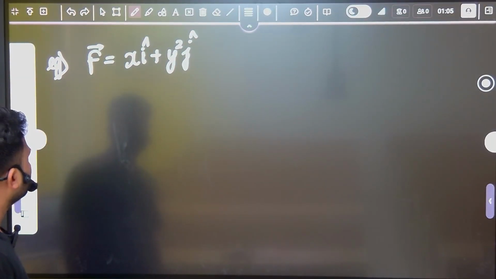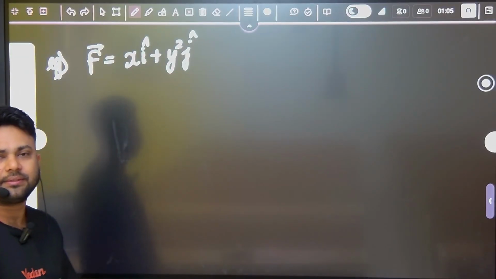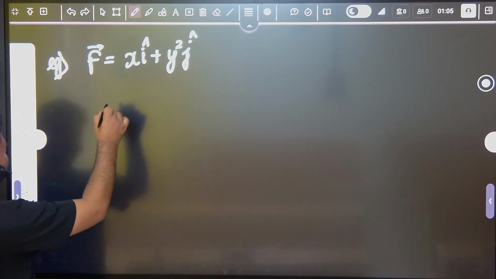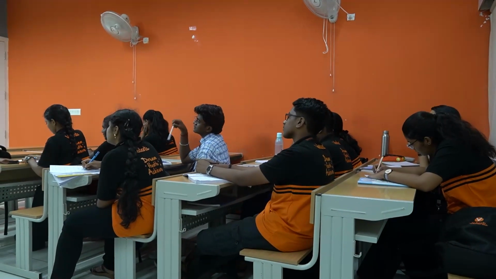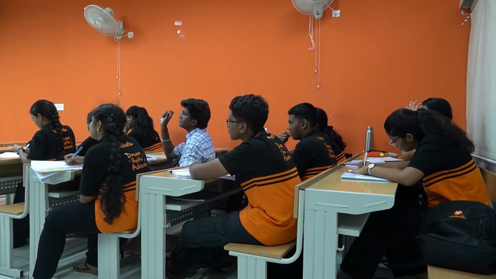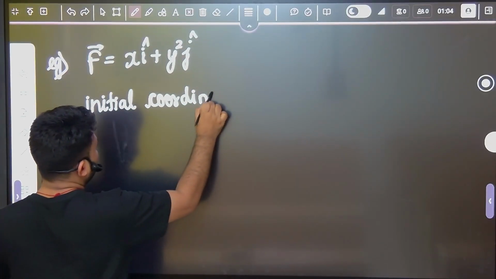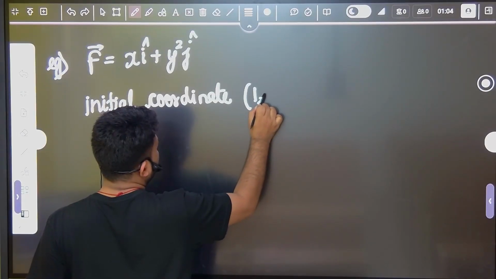Correct? So you can see this is a variable force. x and y are there. Now there is a particle whose initial coordinate was, suppose, 1 comma 2.